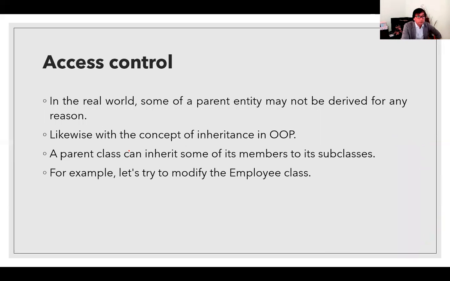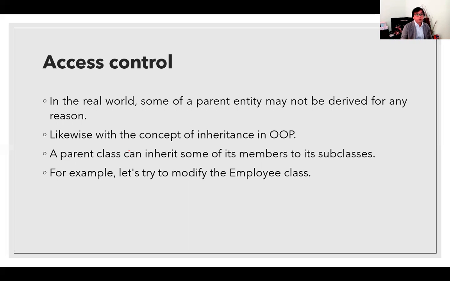And the next one would be the access control. So yes, as I already mentioned, ideally when you inherit some classes, it means that the class being inherited will give all the attributes and methods to the child class. But it is not necessary for you to give all the attributes or methods.